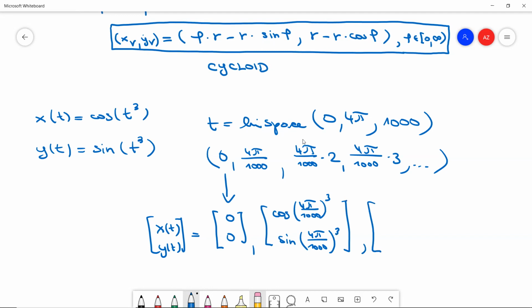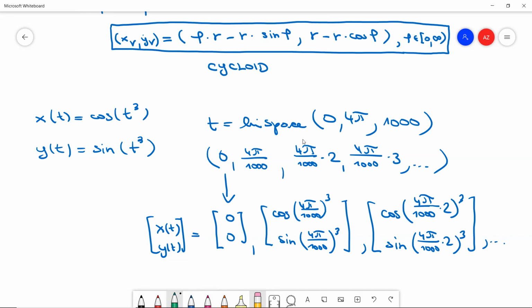So the next point, cosine of (4 pi over 1000 times 2) to the power of 3, sine of (4 pi over 1000 times 2) to the power of 3, and so on. So it calculates those points, and then it connects them.